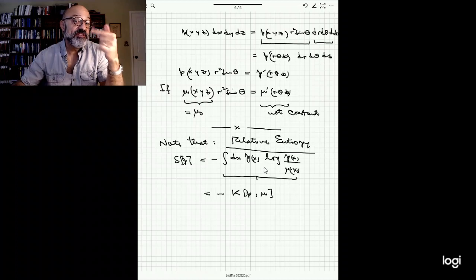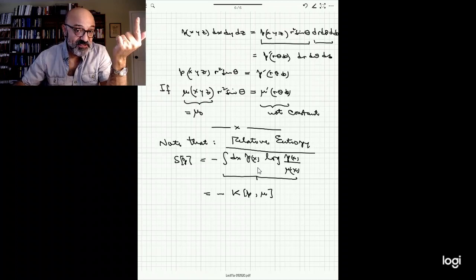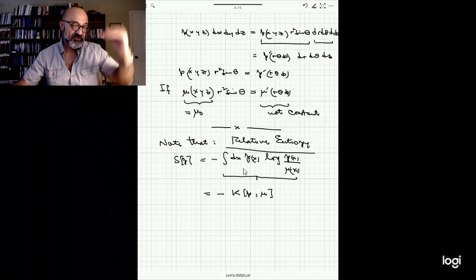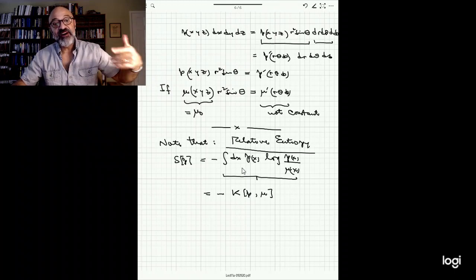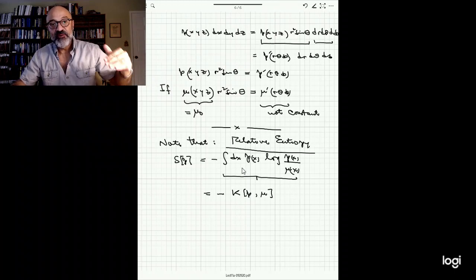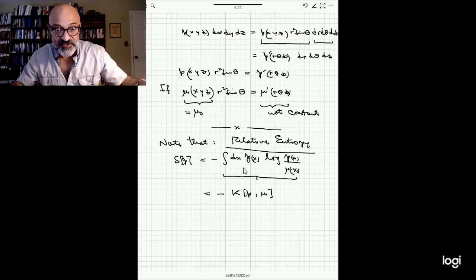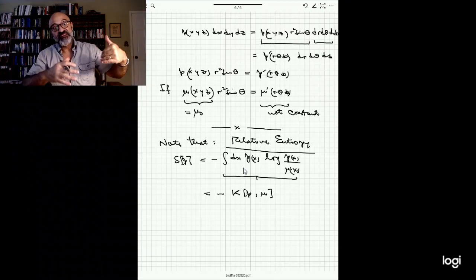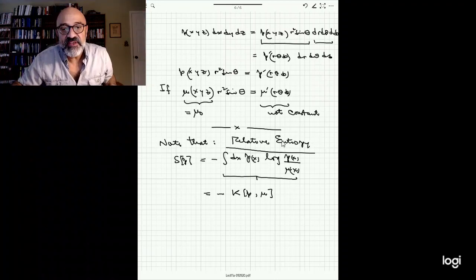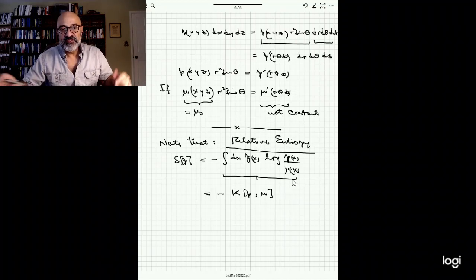All energies are relative. You can adjust the zero of the potential, right? All energies are relative, but we do not go around saying relative energy. You just say energy, and we know that they're all relative. Same thing is going to happen with entropy. Entropies are going to be relative to some underlying measure of volume, but we'll just call them entropies.